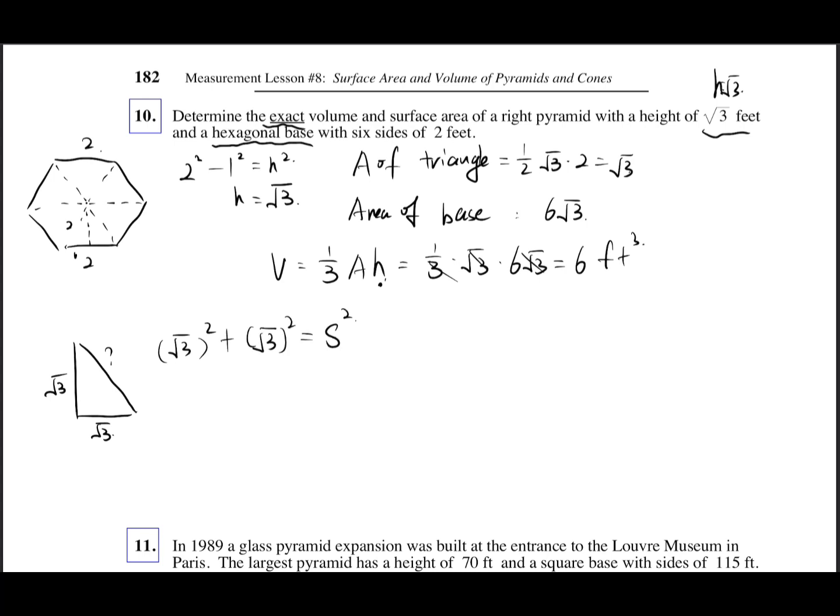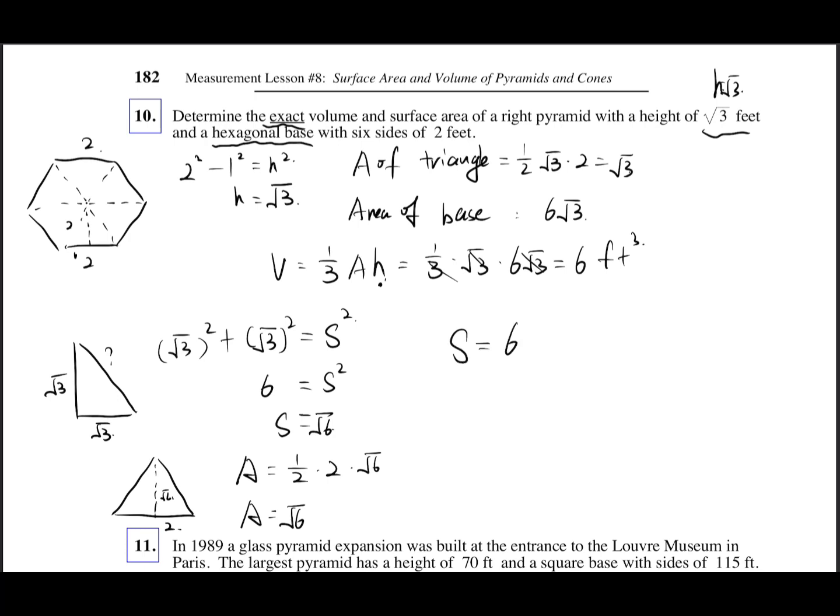This is the slant height. For the triangle, this is square root 6, and the base is 2. So the area is, and we have 6 of this part, so the surface area equals the base 6 square root 3 plus 6 times square root 6. This one is the final answer.